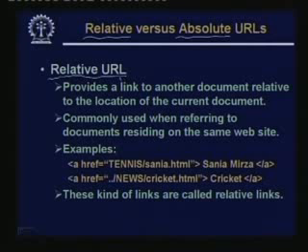Relative URL, as the name implies, provides a link to another document relative to the location of the current document. What does this mean? Suppose I have obtained the page which is currently being displayed on the browser from a site, www.sun.com.